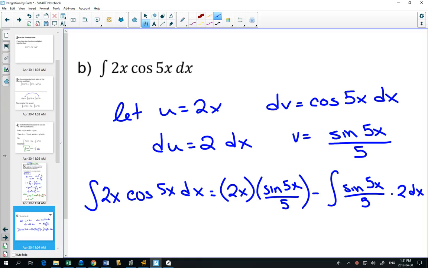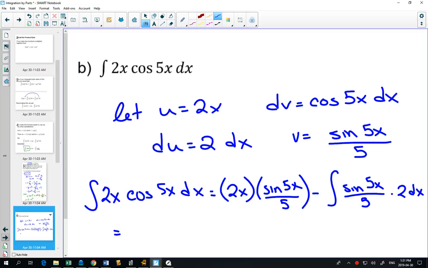So once we've decided on our u and dv, and we figured out our du and our v, we just write out the formula, and this is where we're very hopeful. We're hopeful that the new integral on the right-hand side is something we can do.